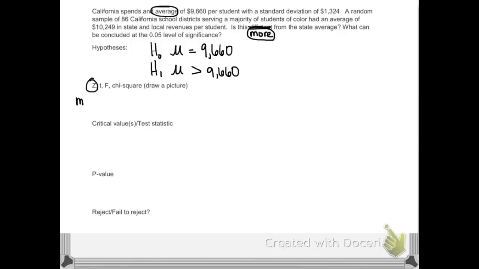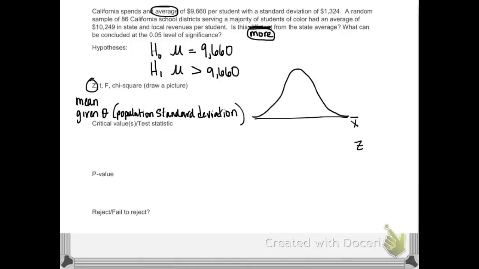All right, so we're going to use a z-test here because sigma, the population standard deviation, is known. We have the standard deviation of 1,324. So I'm going to go ahead and draw my normal curve, and this time the normal curve represents all samples of size 86 of the school districts.